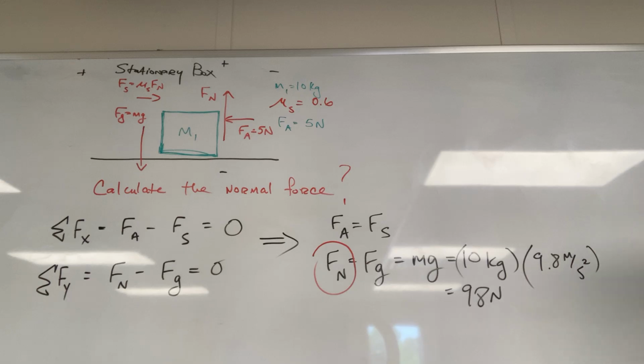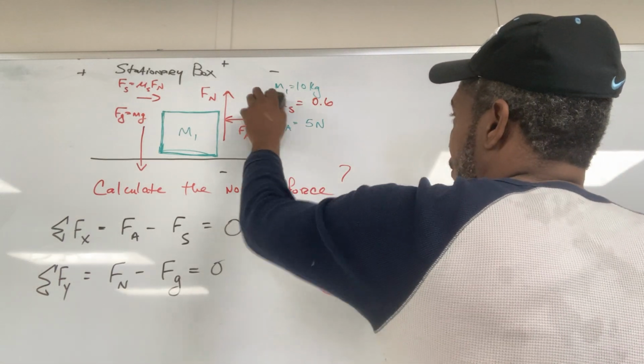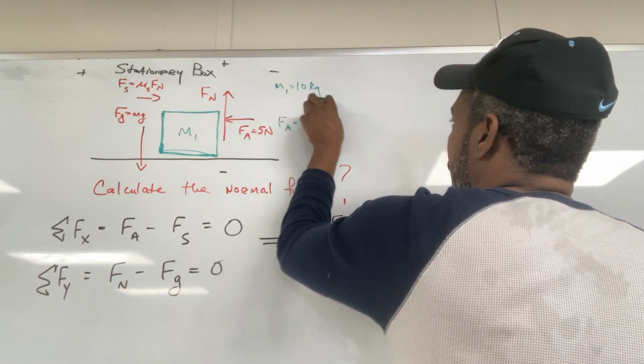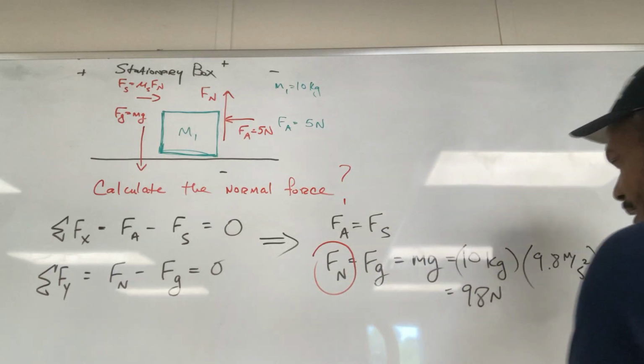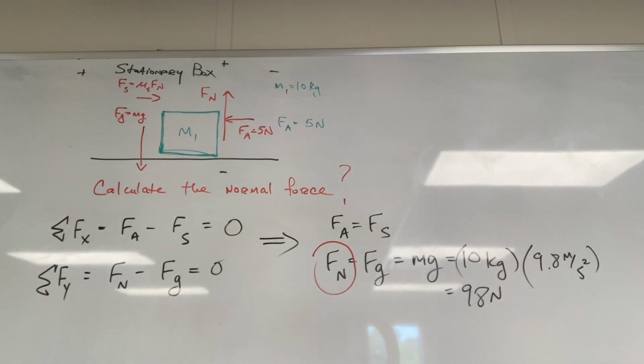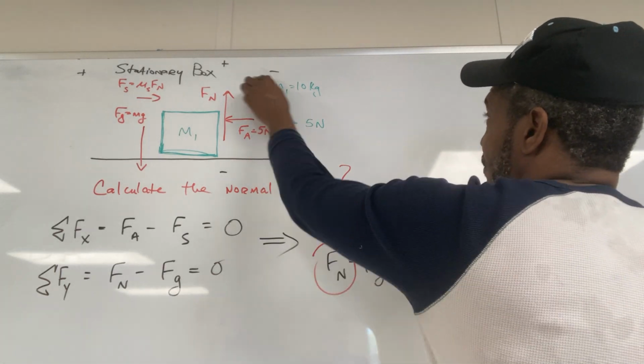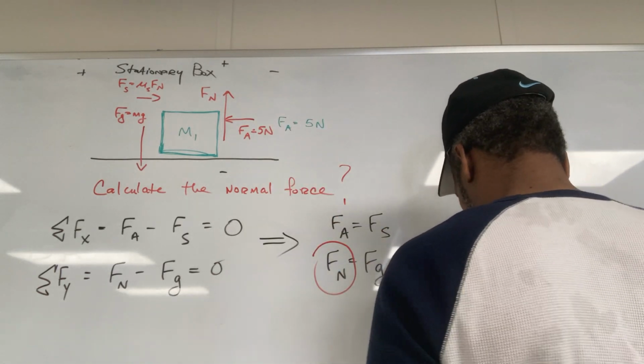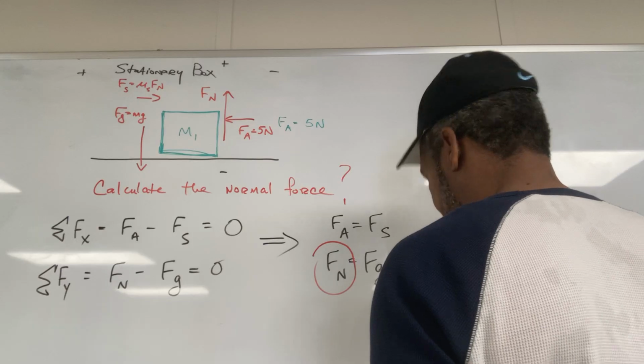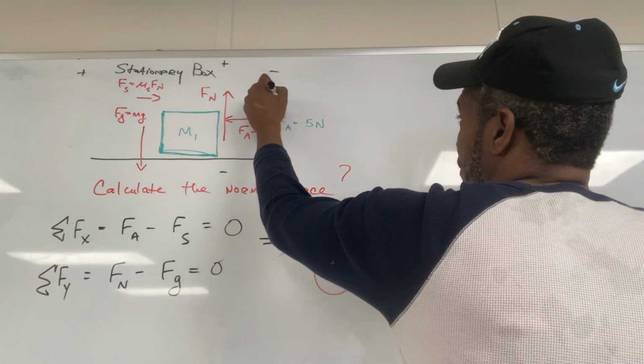Right? And so we could take this out. Right? Now let's say we're gonna calculate. So we don't need, all we needed from the very beginning was what? The mass of the box and the applied force.